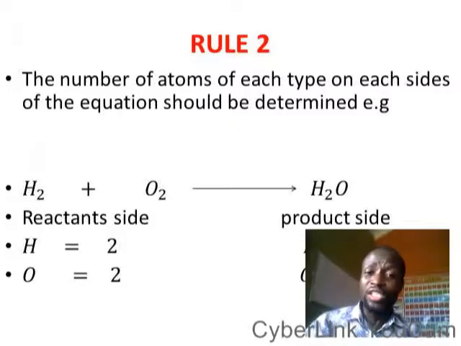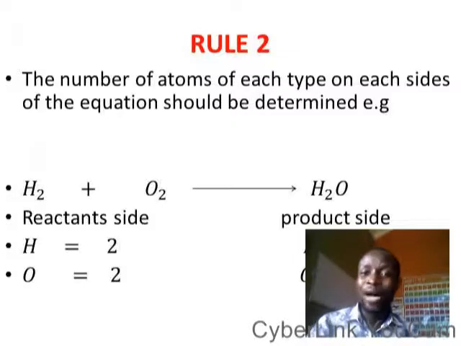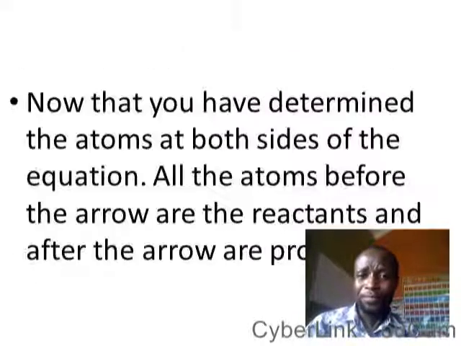So what you need to do there is to start thinking of how to balance it after writing out each number of atom in the equation. You have to think of that and write it down. So after writing it down, you now proceed.